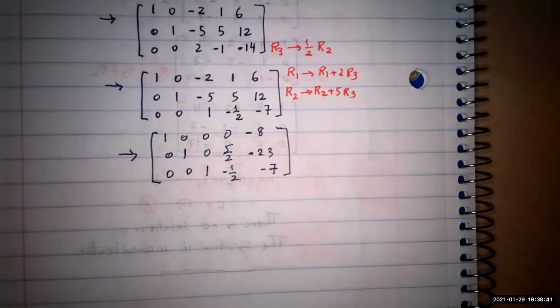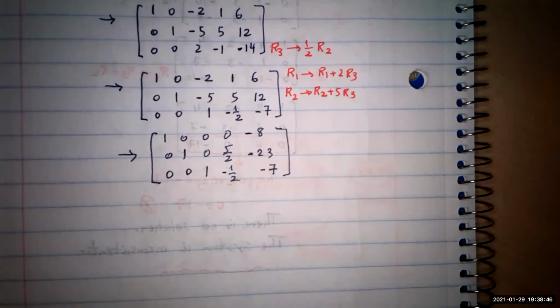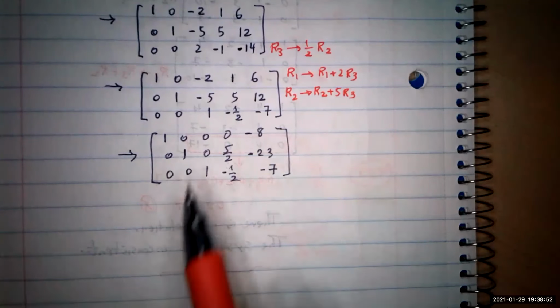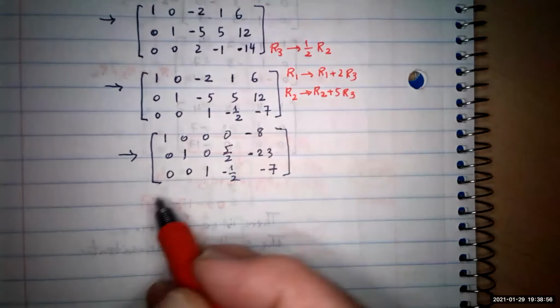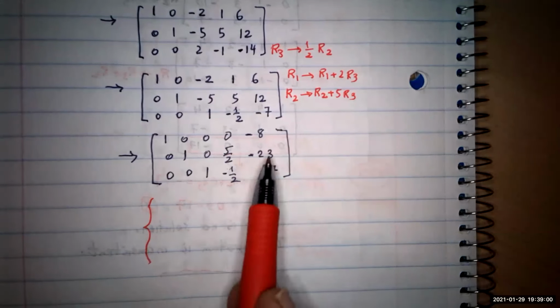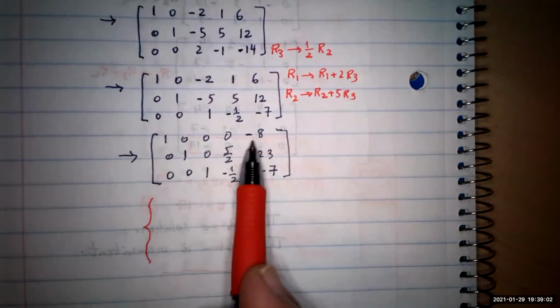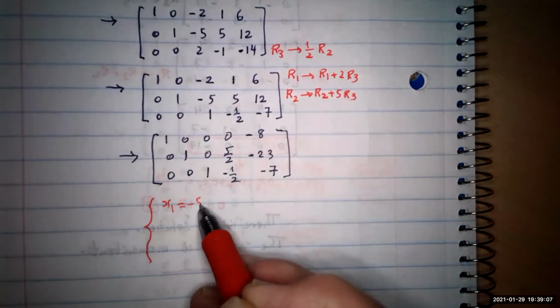So what we are going to do is, as you can see, the system would have infinitely many solutions. So if you translate what you have so far, remember that was the x1, x2, x3, x4. So the conclusion is, from the first one, we get the x1 is equal to the negative 8.